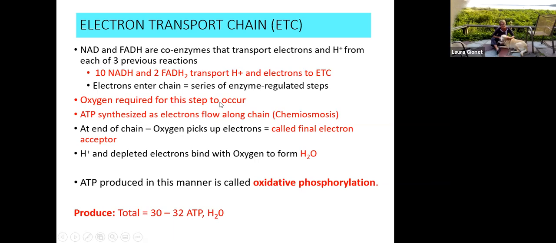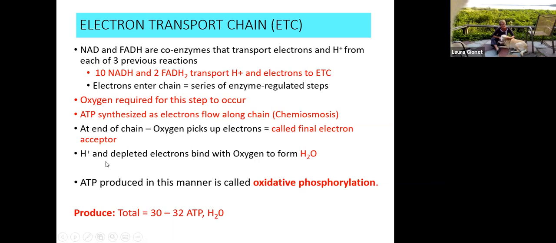Oxygen is required for this step to occur as well, because, as we'll see in just a minute, we're going to take those hydrogens and add them to it and form water. ATP is synthesized as electrons flow along the chain, what's called chemiosmosis. And at the end of the chain, oxygen picks up the electrons, called the final electron acceptor.